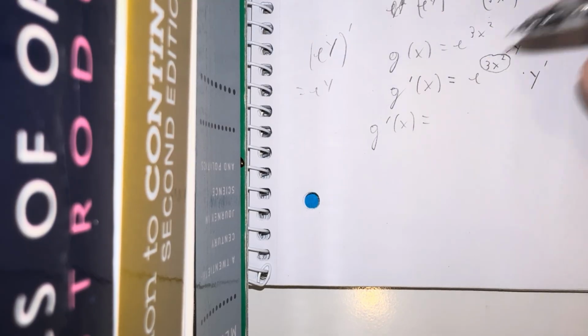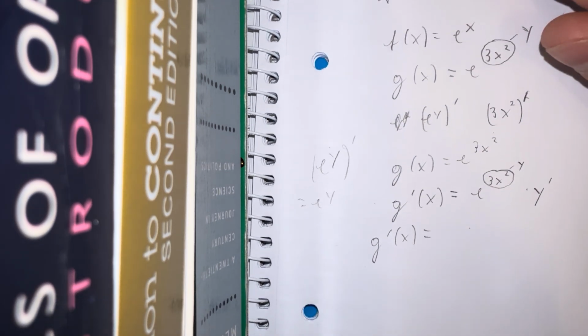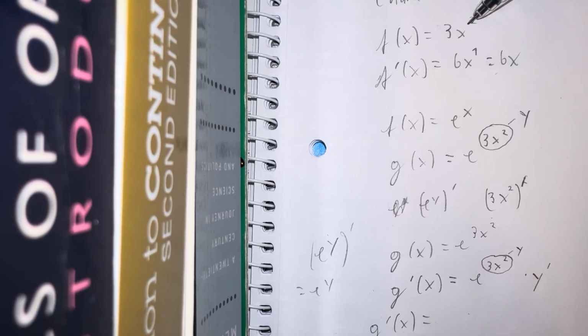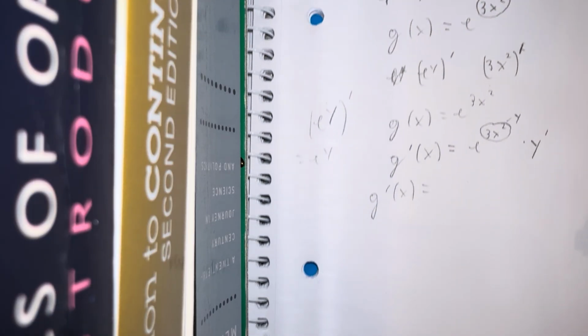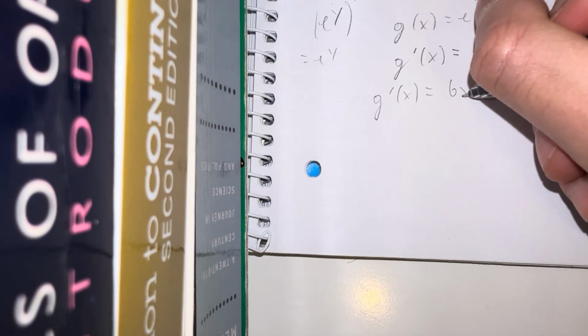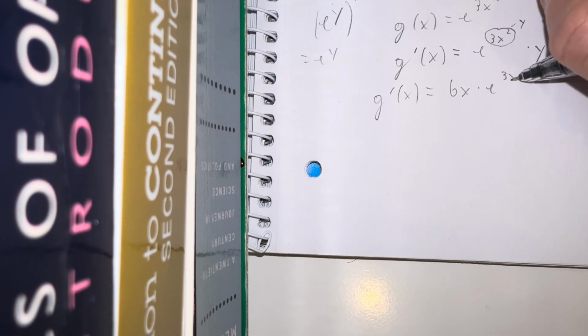So we get g, we have to consider the derivative of this. But we had that up here. Six x. So we get 6x times e 3x squared.